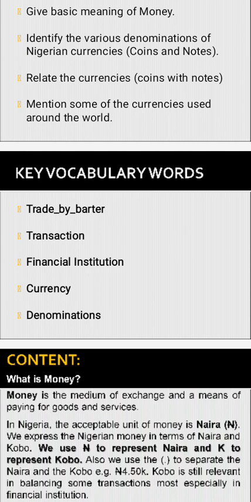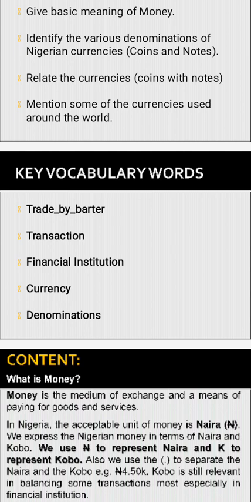So what people used, the process referred to as trade by barter, is this: if I have an item, I have goods, and what I need is not what I have, and you have what I need, I can exchange what I have with what you have. You have my own need and I have your own need, so we exchange.